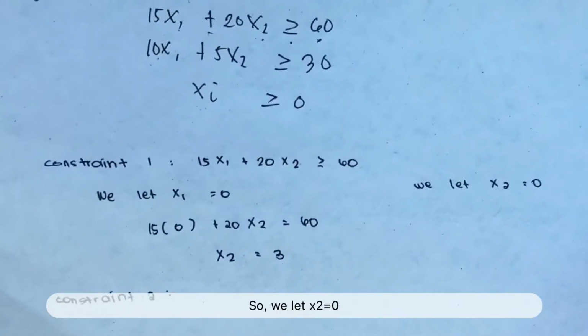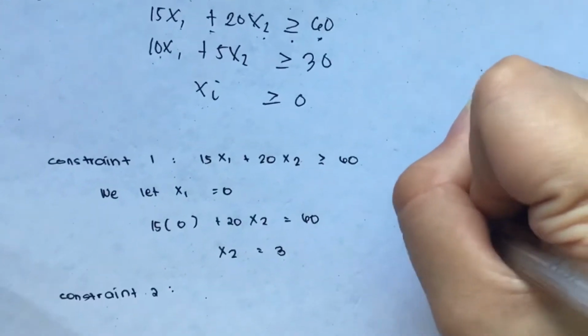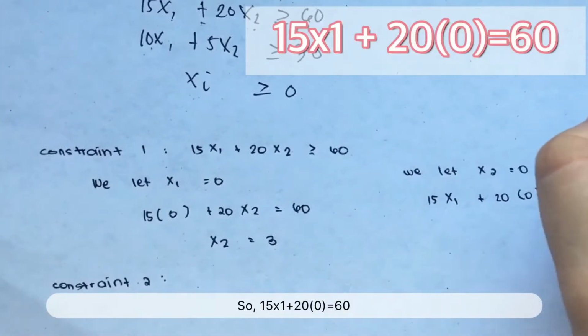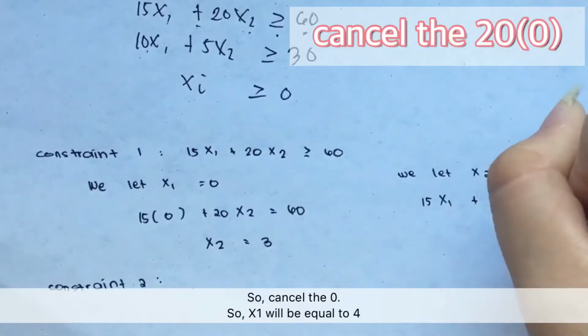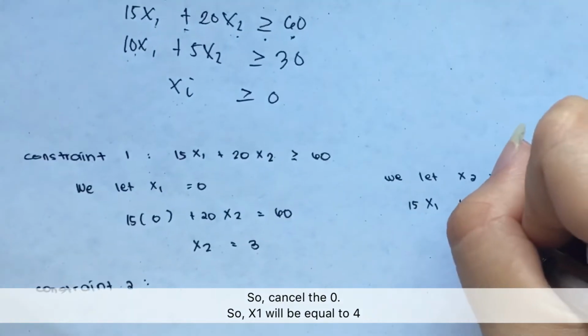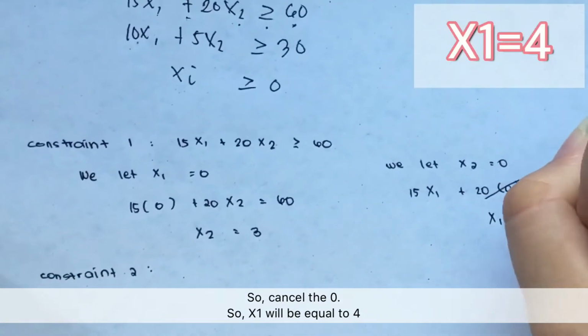Then we let x2 equal 0, so 15x1 plus 20 times 0 is equal to 60. Cancel the 0, so x1 will be equal to 4.